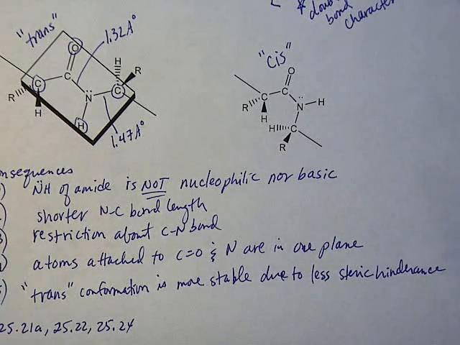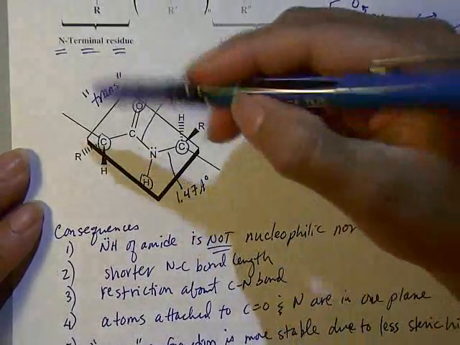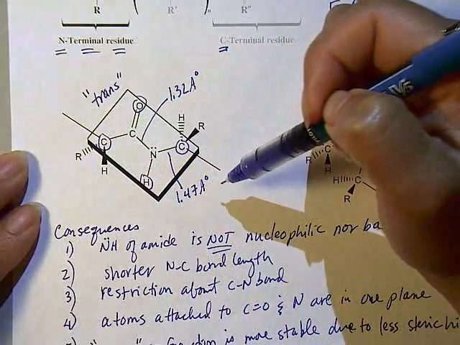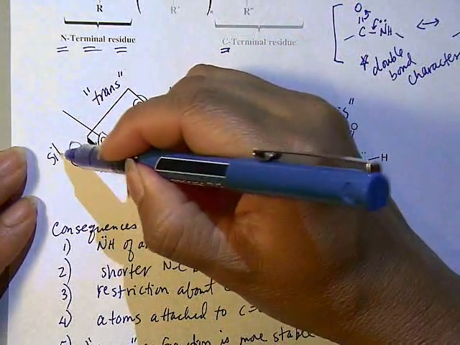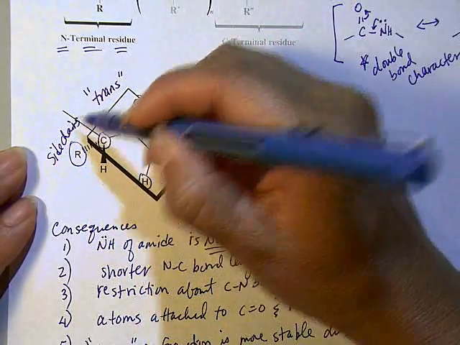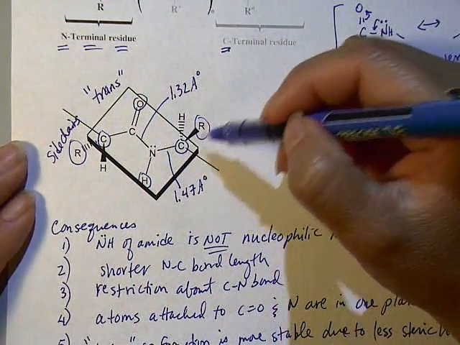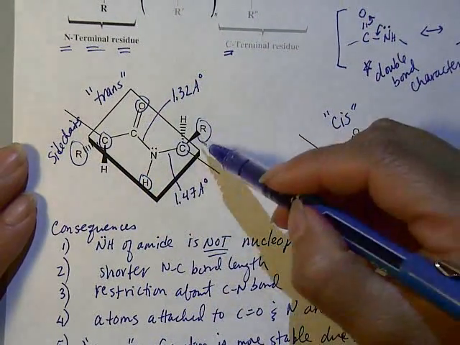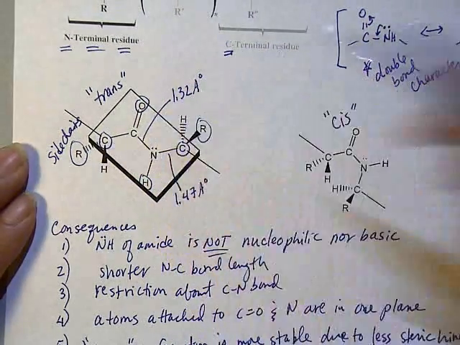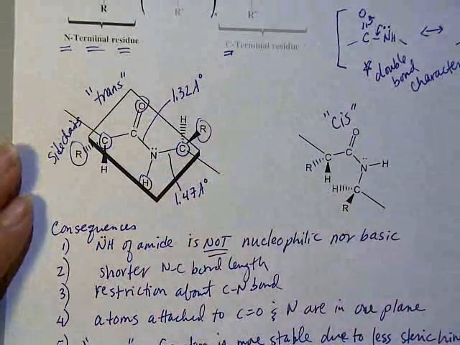Now the other thing you have to notice is that not only is it in a trans fashion, but the side chains, the R groups for one amino acid and the side chain of the other residue, are in opposite planes. This one is above the plane of this amide plane, whereas the other side chain is below the plane.